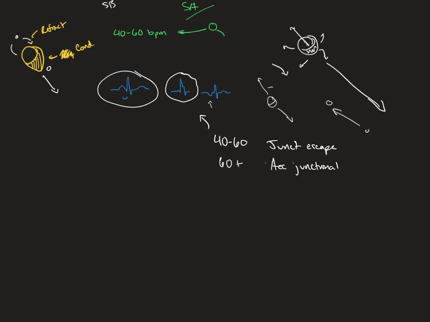It's between 60 and 100, actually. Let's be clear about that. And then 100 plus is going to be junctional tach. And then if you're less than 40, then I suppose you could call that a junctional bradycardia.